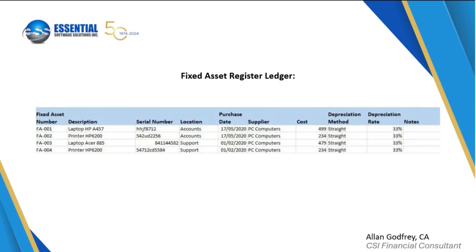Maybe initially it may be $20 or $50, say, for the depreciation for that month. So I'll have my $1,000 and then I'll have $50. So my net book value of that one asset is $950 at that point.